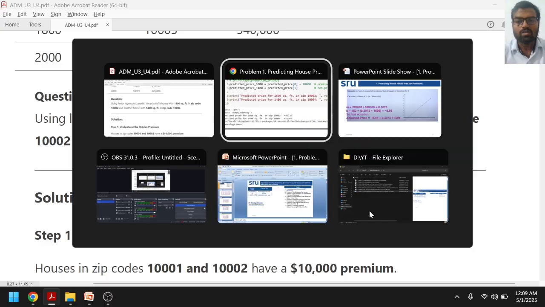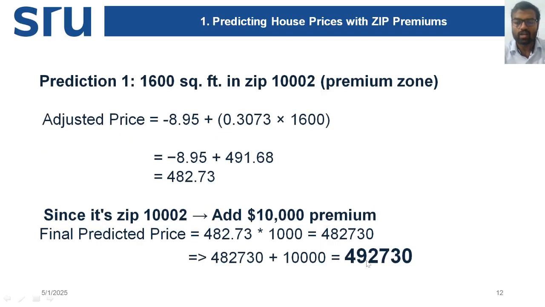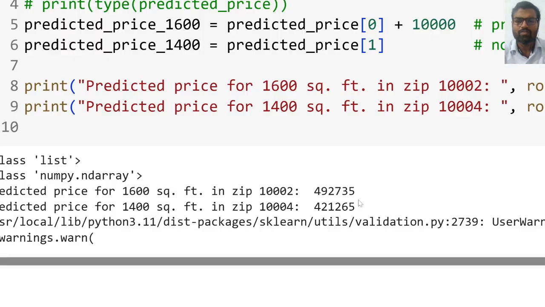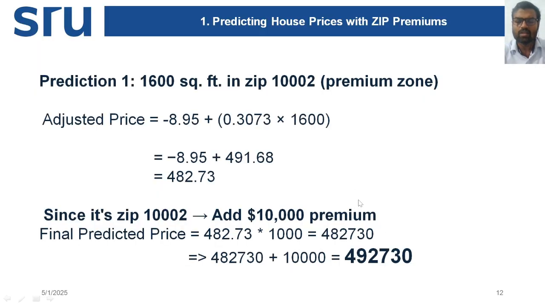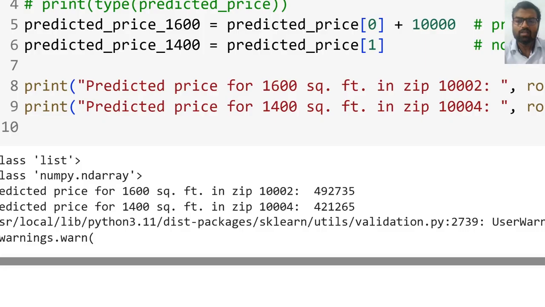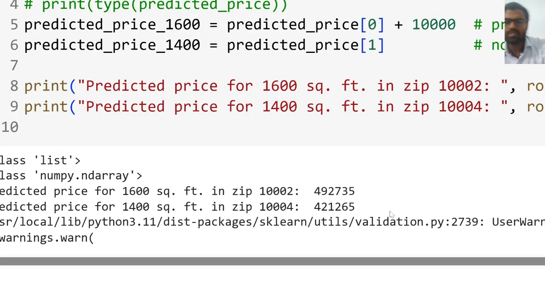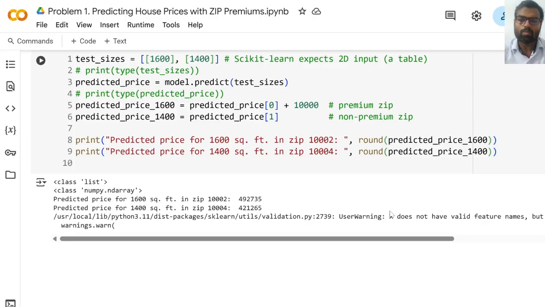If you observe, in our calculation we also got closely 4,92,730, a $5 difference. And for 1400, 4,21,270, again a $5 gap. But overall, our calculation and our model look fine.